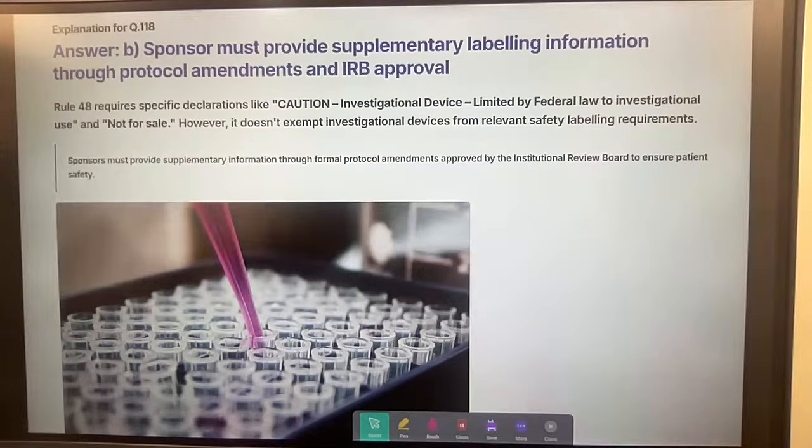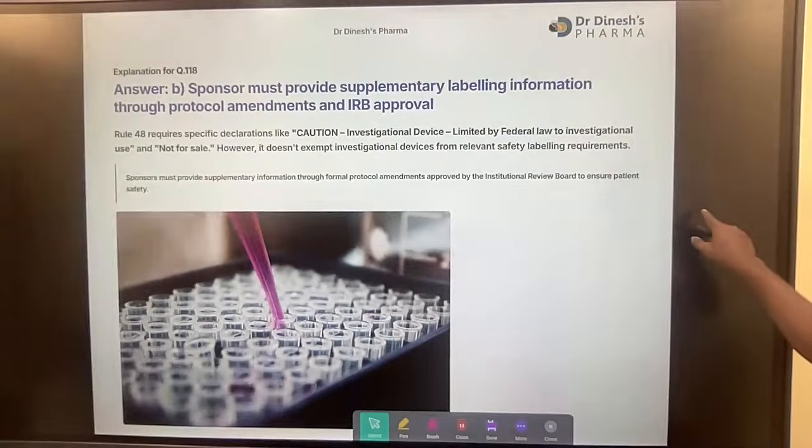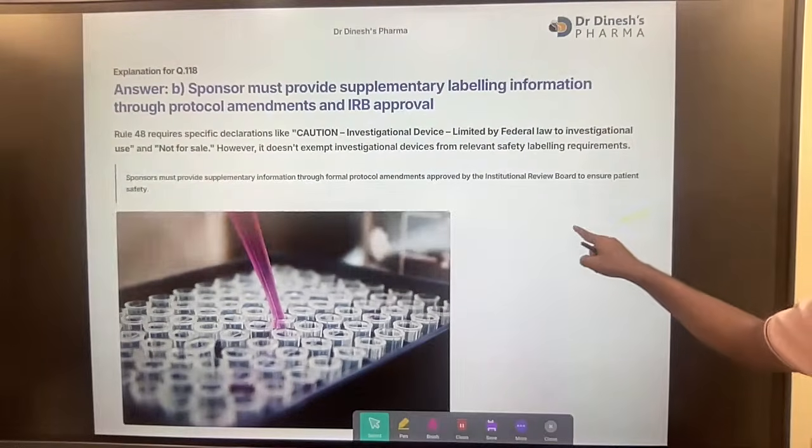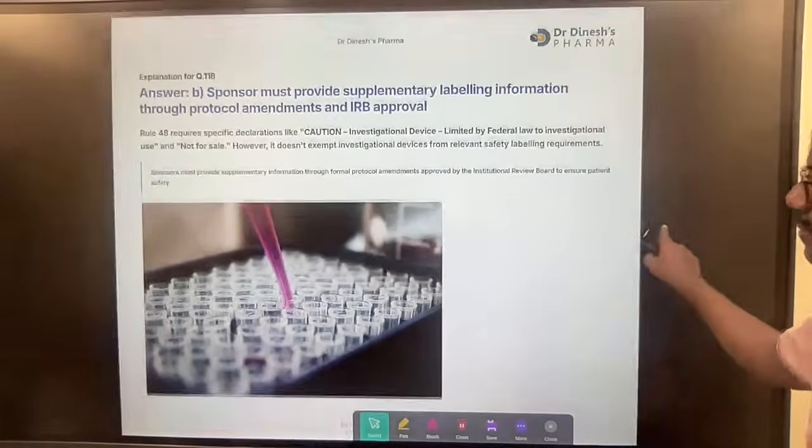Sponsor must provide supplementary information through formal protocol amendments approved by the Institutional Review Board, IRB, to ensure patient safety. So this is the communication gap you must fill. The sponsor must take care and mention it properly through the investigational device caution.